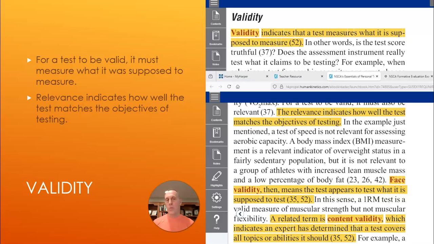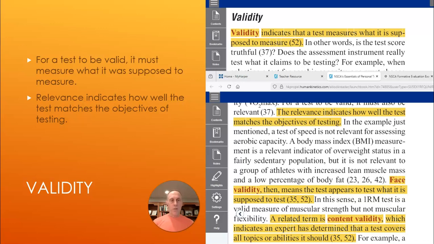And if you really want a test to measure upper body strength, to make that test or evaluation most valid, you would need to actually test what you're intending to evaluate, upper body strength. Therefore, the bench press would probably be the best exercise to use in this scenario. So the relevance indicates how well the test matches the objectives of the testing.